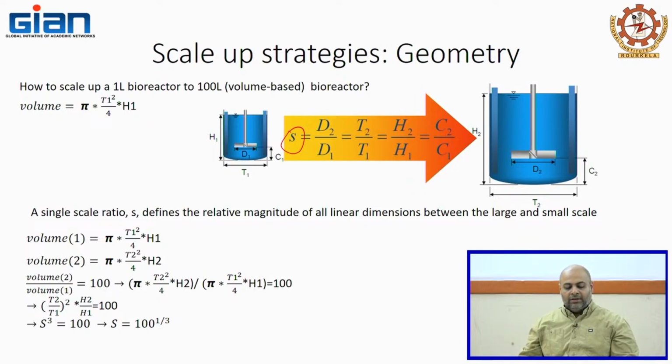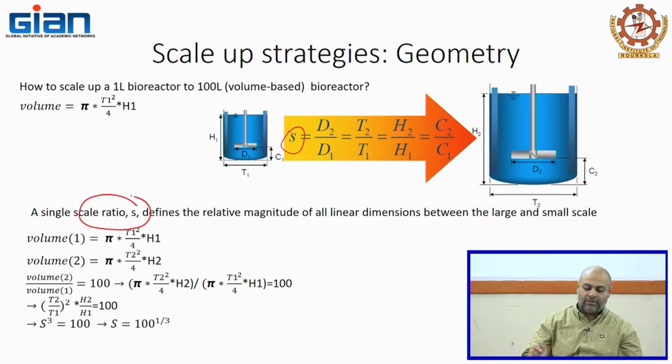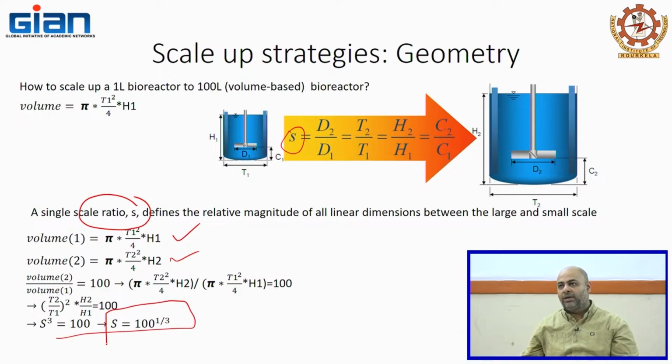So, this single scale ratio S defines the relative magnitude of all linear dimensions between the large and the small scale. Volume 1 is given as this, volume 2 is for the larger one. If you take a ratio of volume 2 and volume 1, the S value for your case should be 100 to the power 1 by 3.